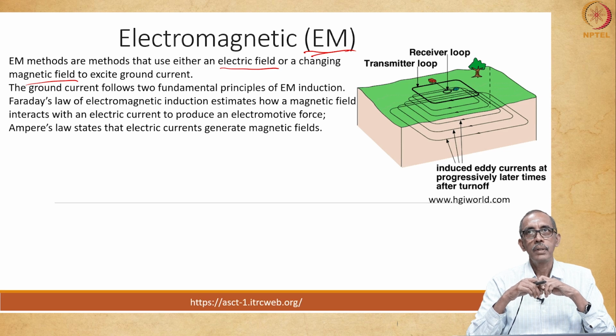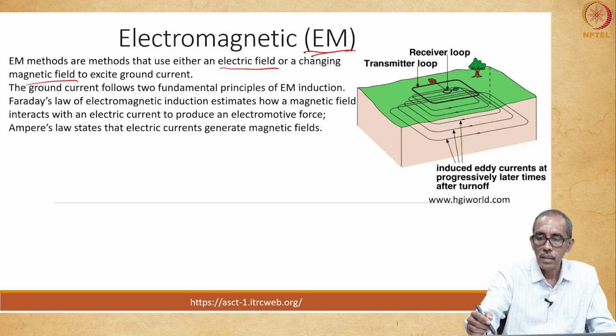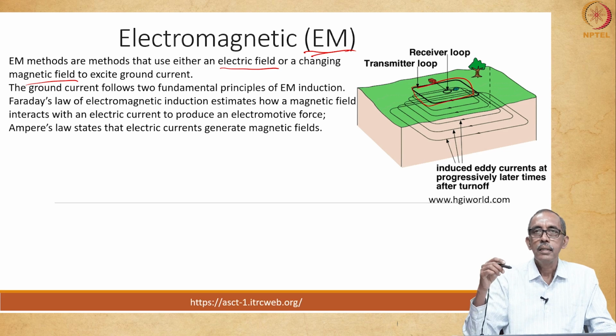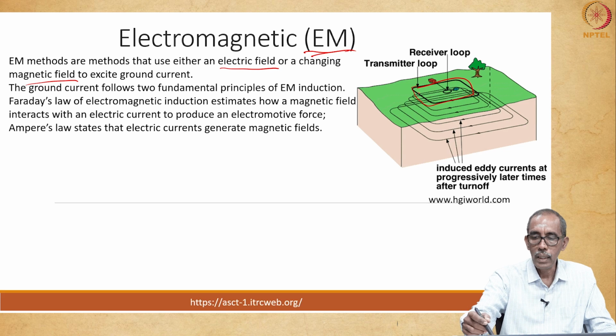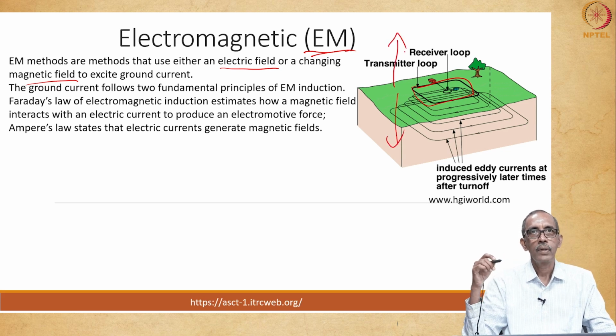Right? That means we have a transmitter coil as indicated here. Using this transmitter coil or loop, we excite the ground. Excitation happens both beneath the surface as well as above the surface.